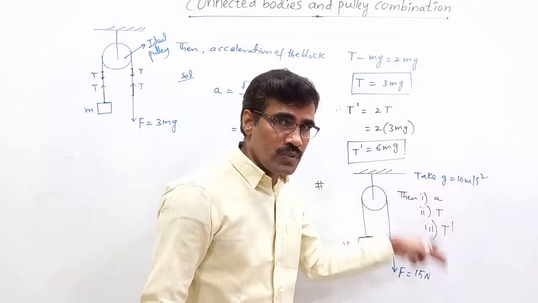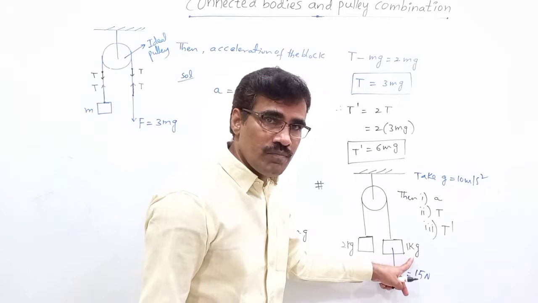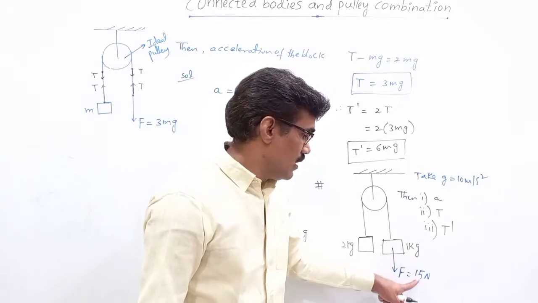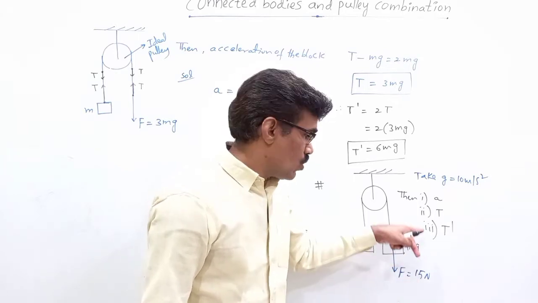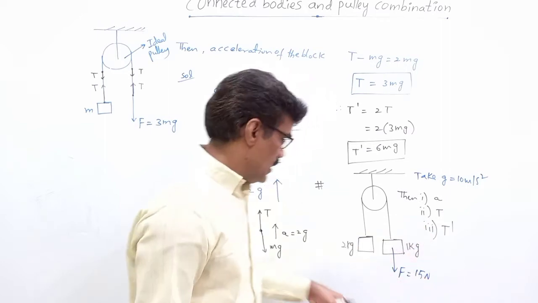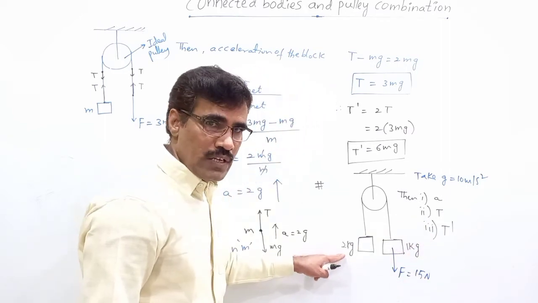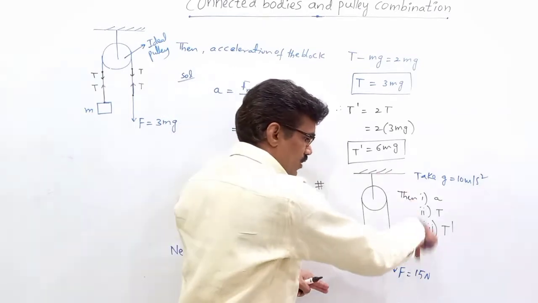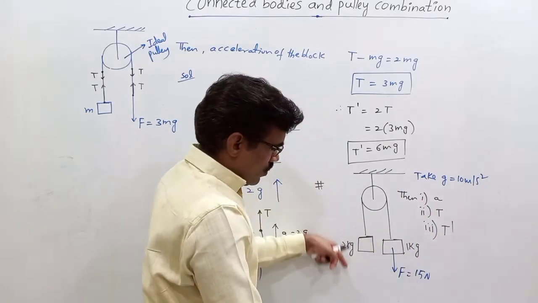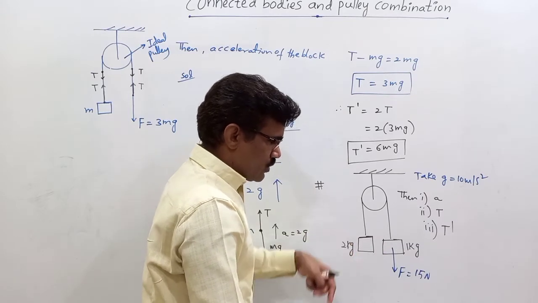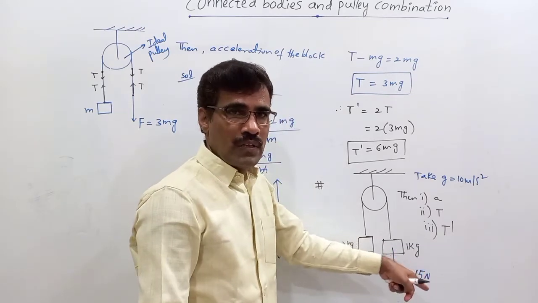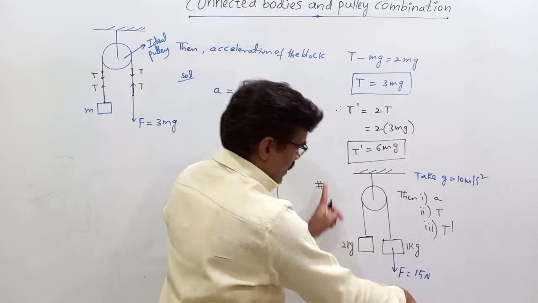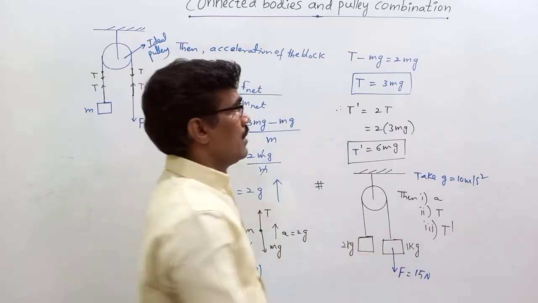Here 1g means 10 Newton, and 15 Newton, so 25 Newton this side. Here 2 kg means 20 Newton this side. 25 Newton is acting this side, 20 Newton acting downward this side. That's why, which force is more? 25. That's why this moves downward, and the other moves upward, sir.